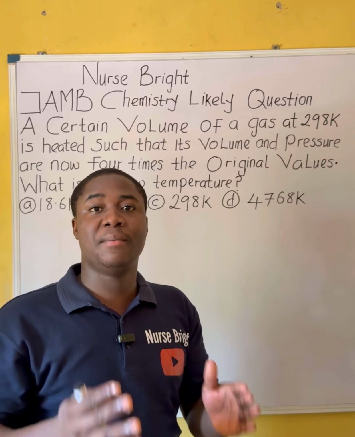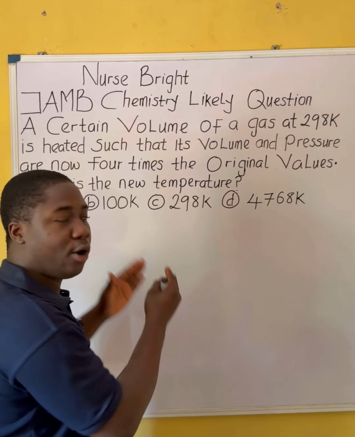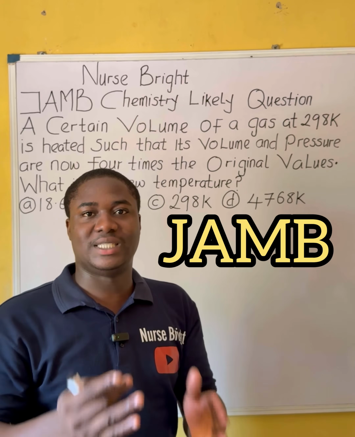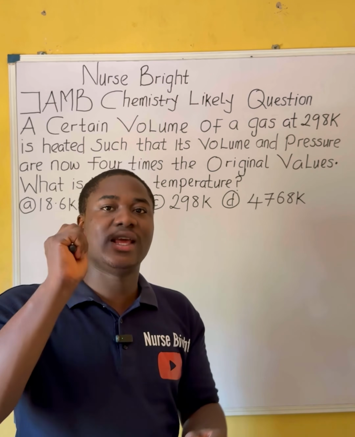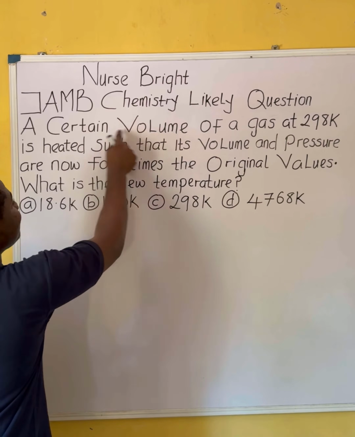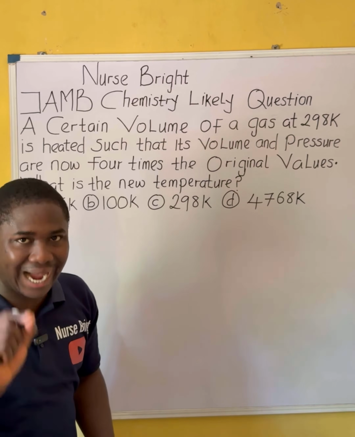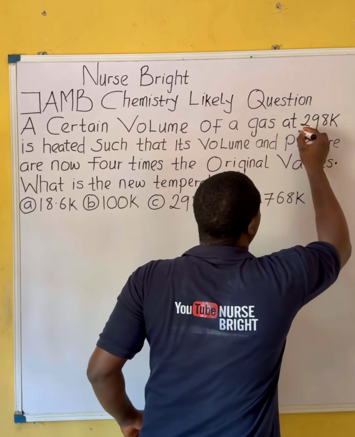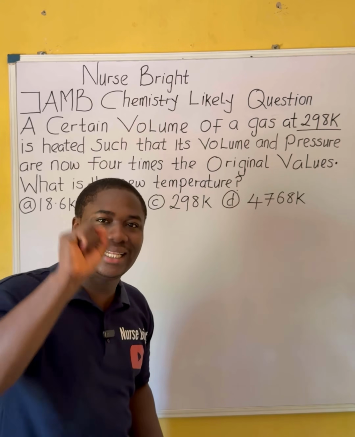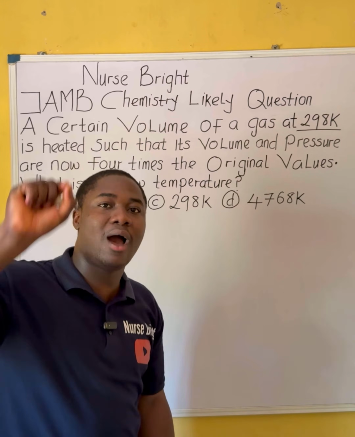Let's say you came across this question in your JAMB exam. How will you solve it? It is very easy. Now let's solve together. The question says, a certain volume of a gas at 298 K. That K there simply means Kelvin.